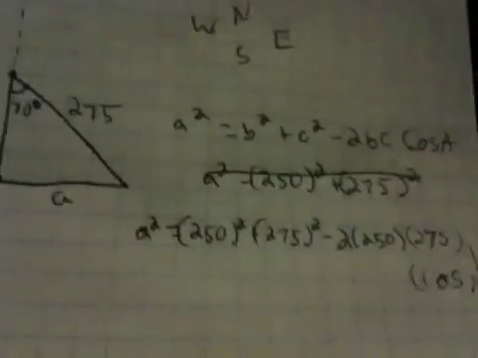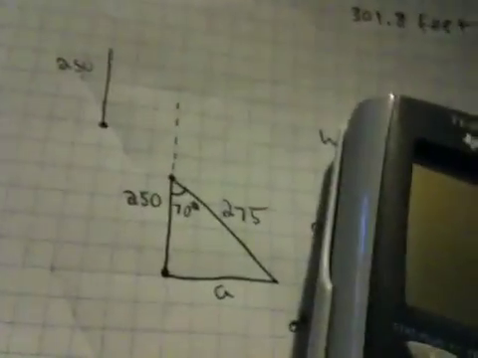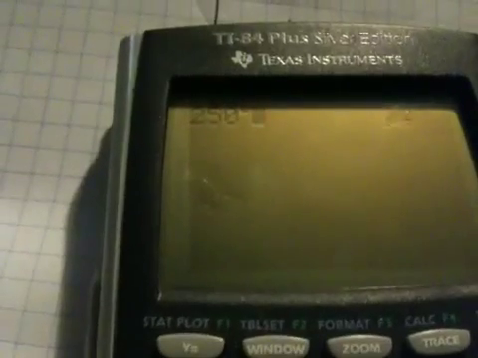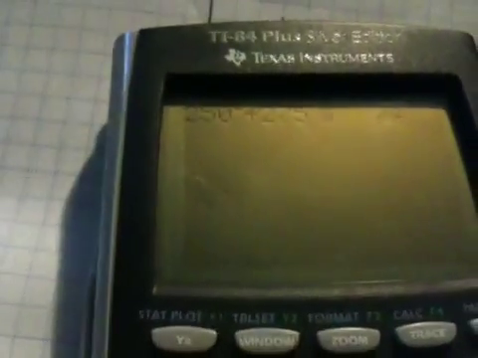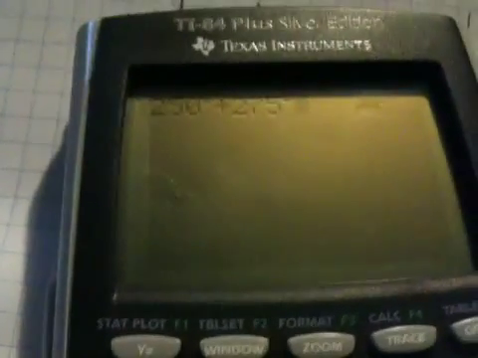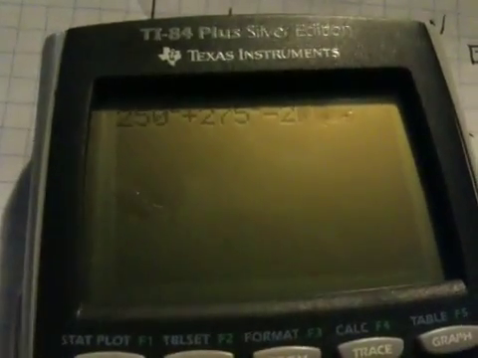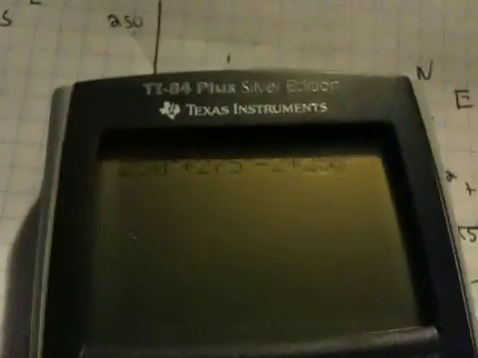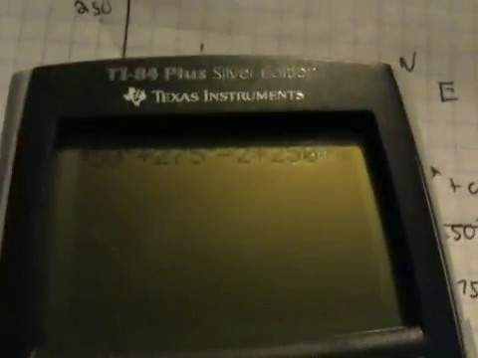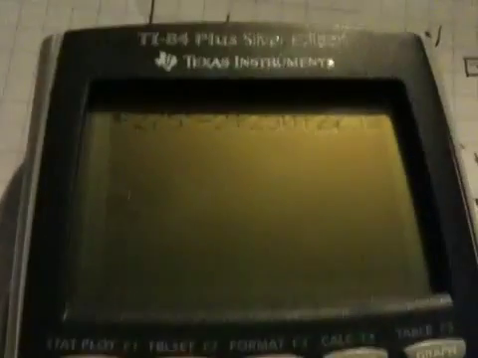So now what we do is just plug all this into our calculator. So we have 250 squared plus 275 squared minus 2 times 250 times 275 times the cosine of 70 degrees.